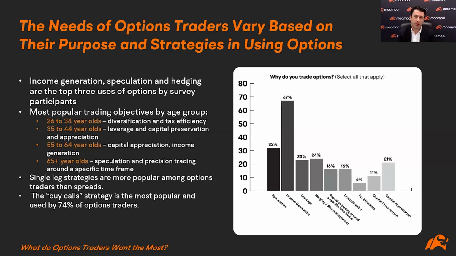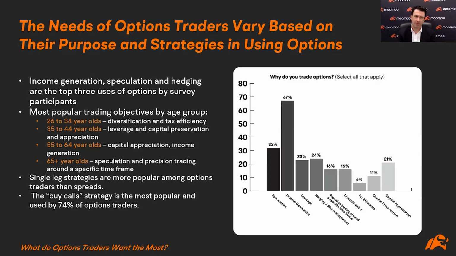Then we saw speculation also played a large role. And on the other side, hedging and risk management was also very important. We also broke this down by age, and found that each age bracket has different top reasons for trading options. For the 26 to 34-year-old bucket, it was diversification and tax efficiency.